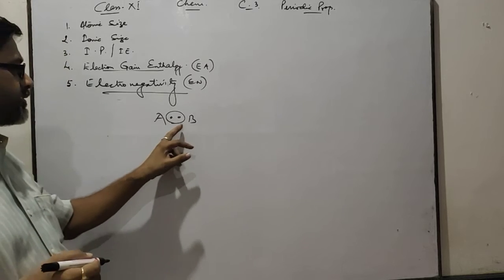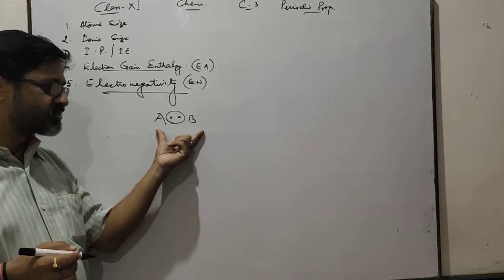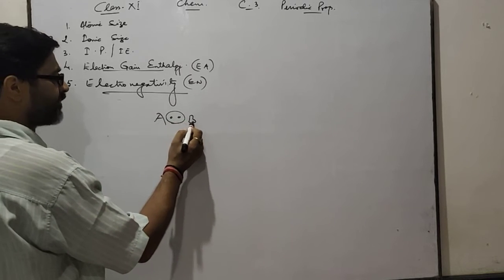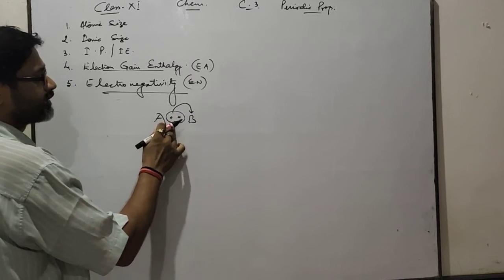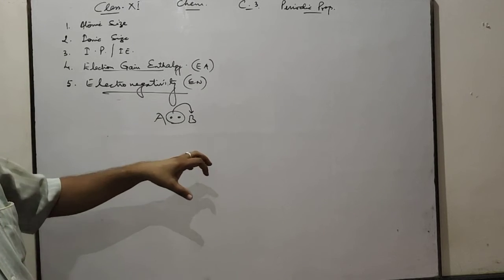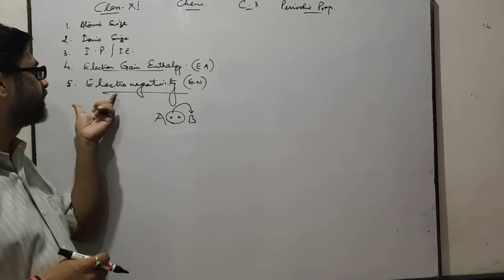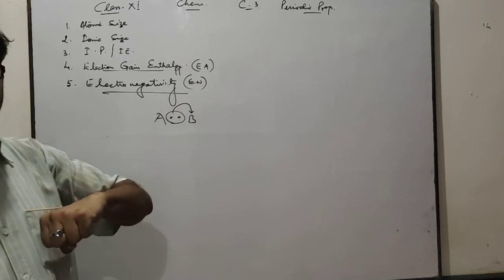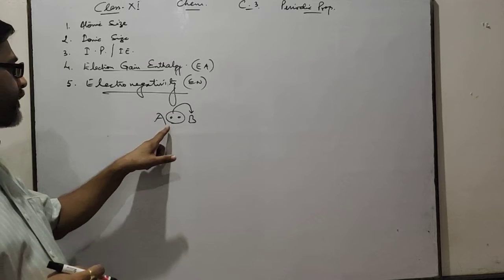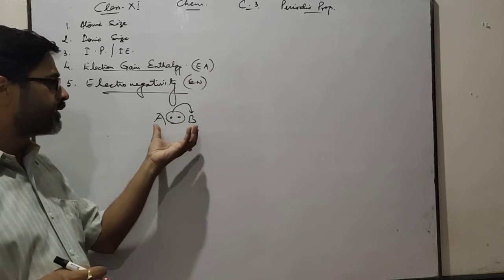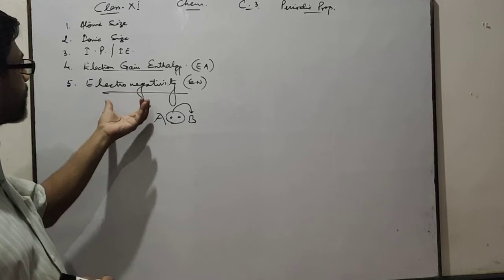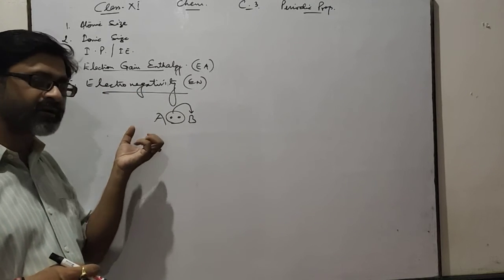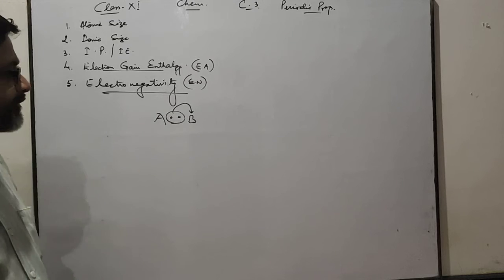If two elements share their electrons, then the tendency of an atom to attract this shared pair of electrons towards itself is called electronegativity. Electronegativity is the tendency of an atom to attract a shared pair of electrons towards itself. This property is called electronegativity.